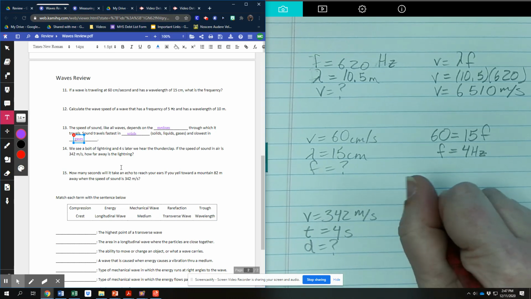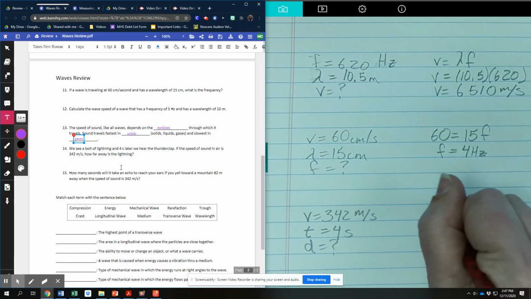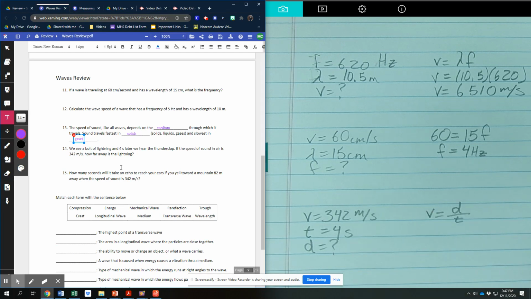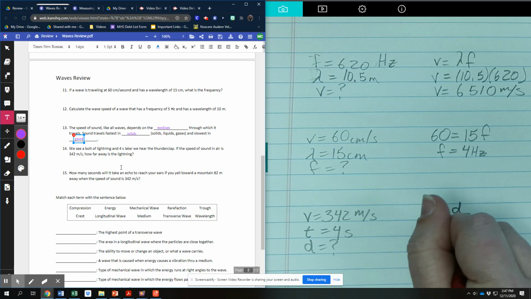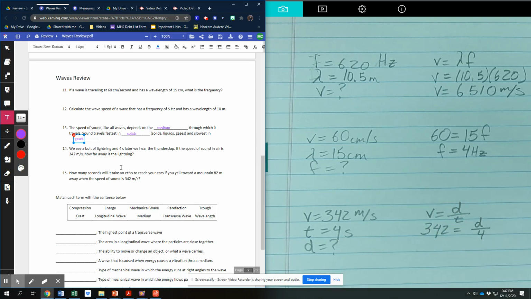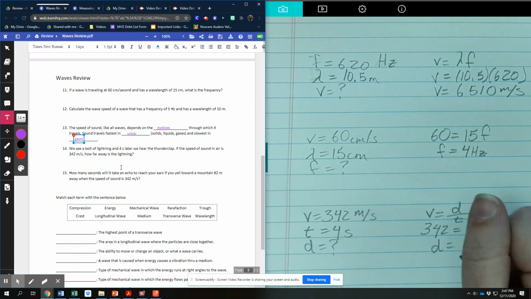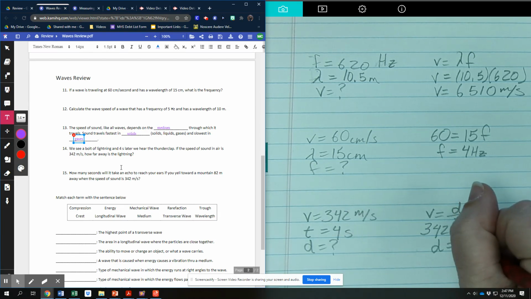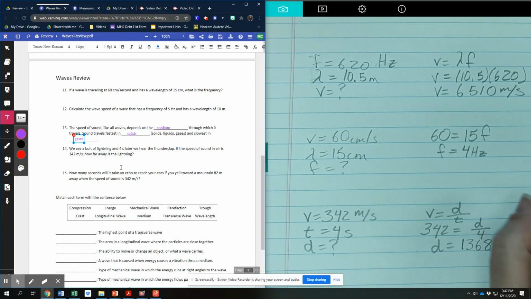Remember that speed is distance over time. Solve for d. So 1,368 meters, which is almost a mile away.